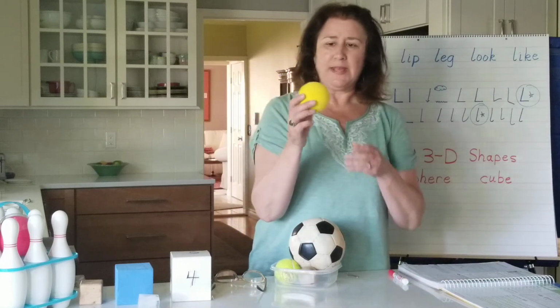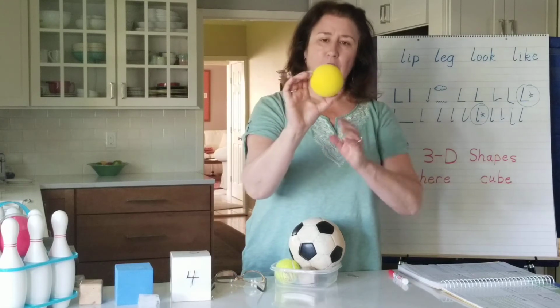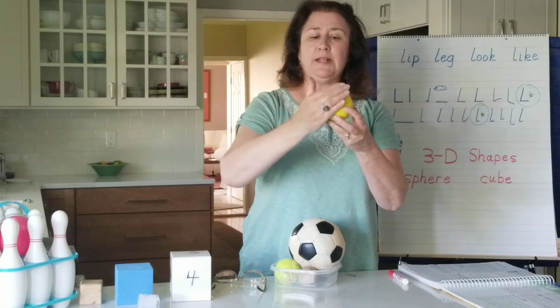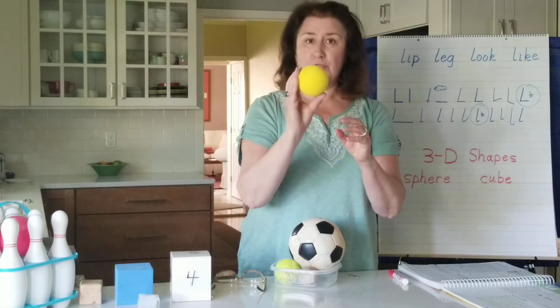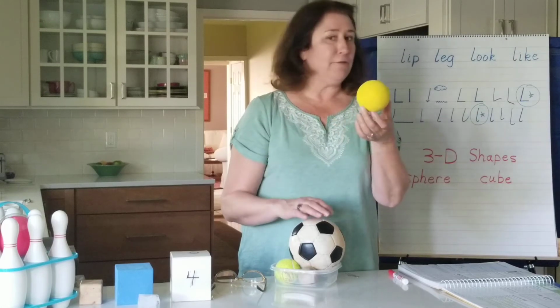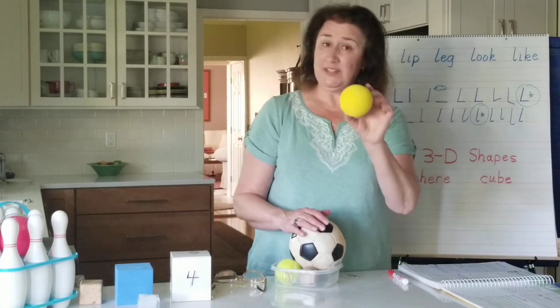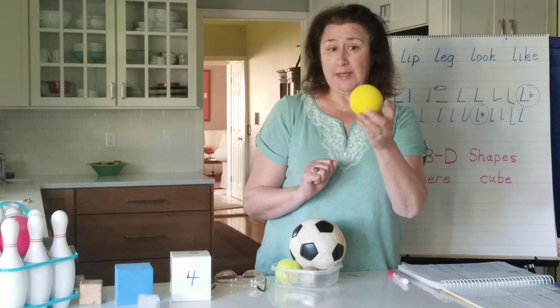I can do that because a three-dimensional object that is a sphere is completely curved. It is a curved surface, okay? A sphere doesn't have any flat sides, doesn't have any corners, doesn't have any edges, okay?